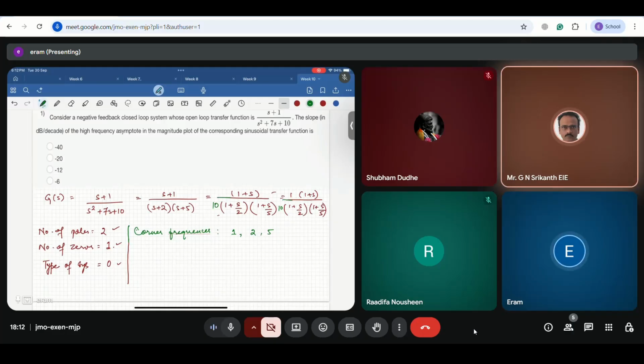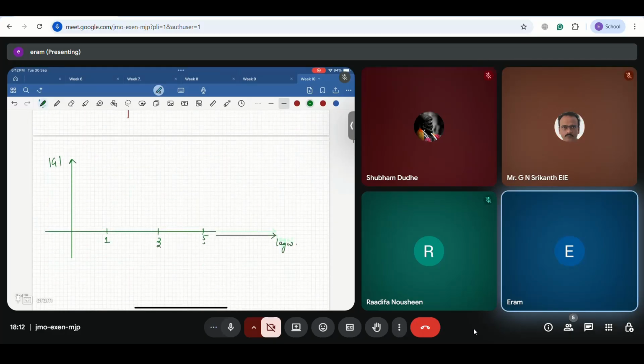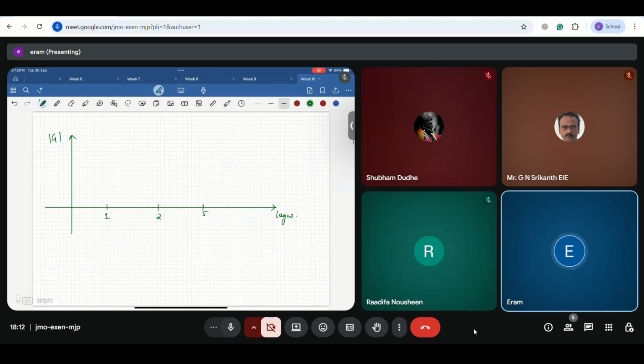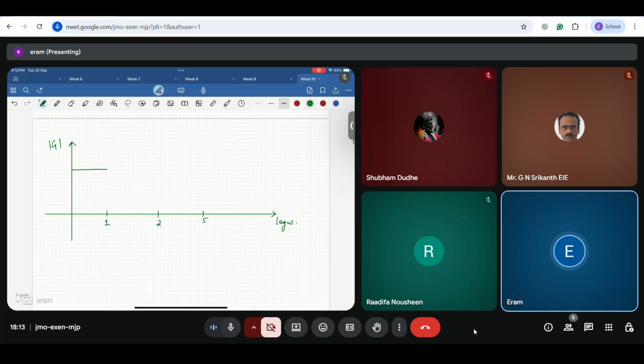It will be 0, because the initial slope is contributed by the poles or zeros at the origin. Since we have no poles or zeros at the origin, we will have a 0 initial slope.